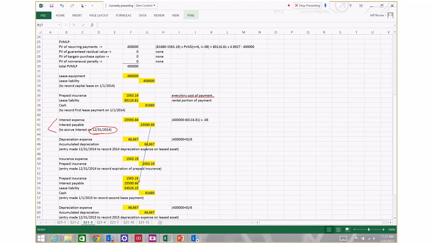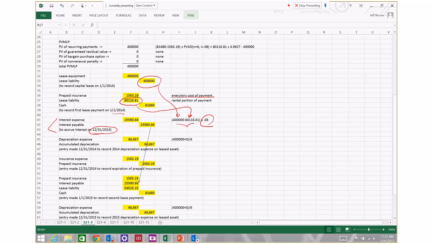The carrying amount of the lease liability at the beginning of the interest period is the amount that we originally credited to the lease liability account, reduced by the amount of the first payment on January 1st, 2014 that was deemed a principal payment, which served to reduce the lease liability carrying amount.